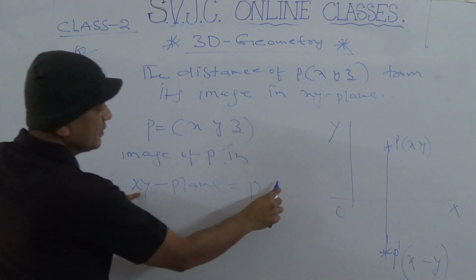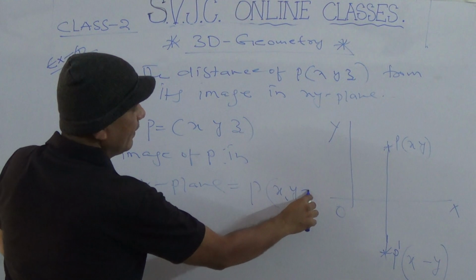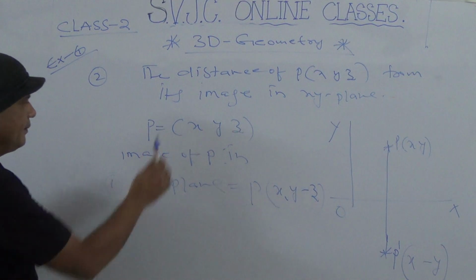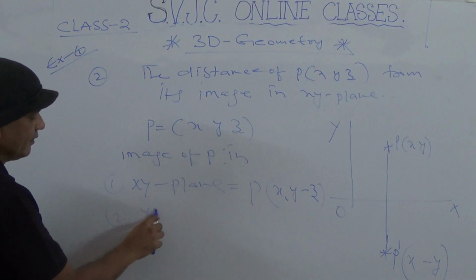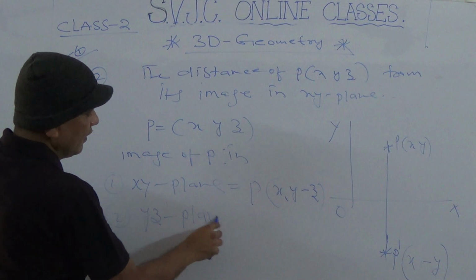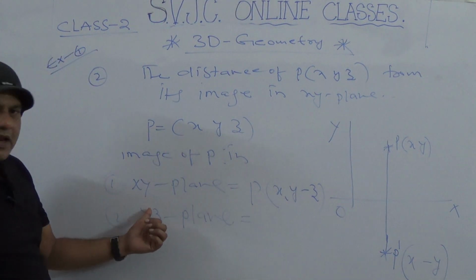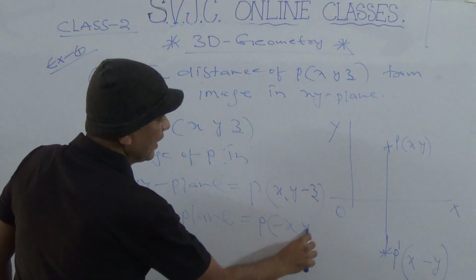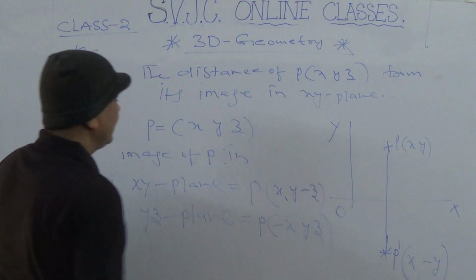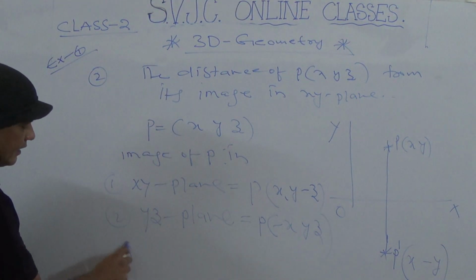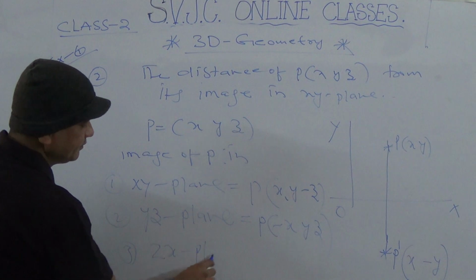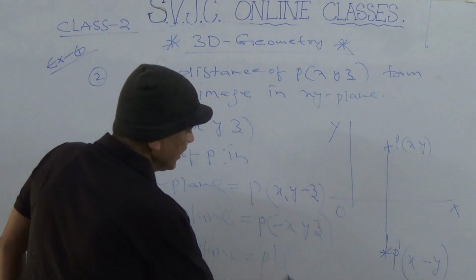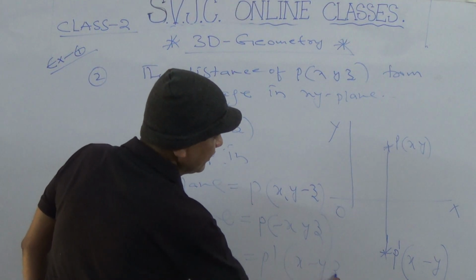Similarly, the image of P in the ZX plane is P dash: the sign of y changes, that means (x, minus y, z).